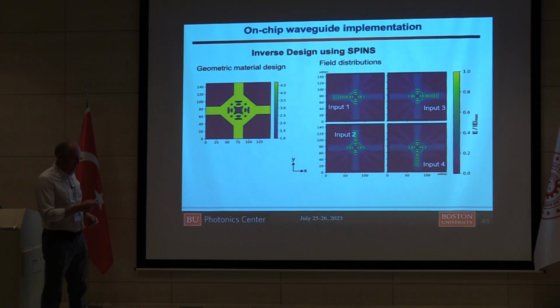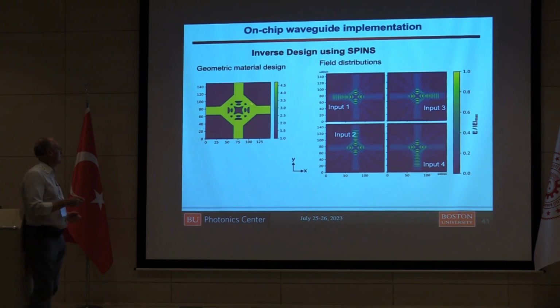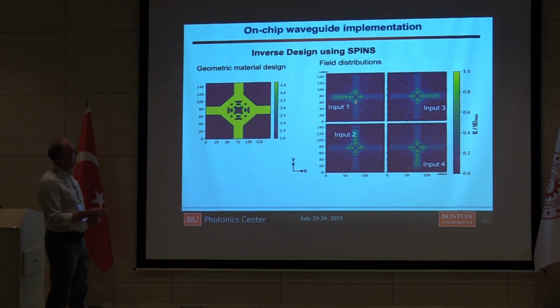And that's basically what my students are doing right now. This is the calculated distribution, we do this in titanium dioxide, in the visible spectral range. So these are waveguides. This is the scattering element, and this is the simulation still. So the light comes from input 1, and you see it can go back here, and it can go back.